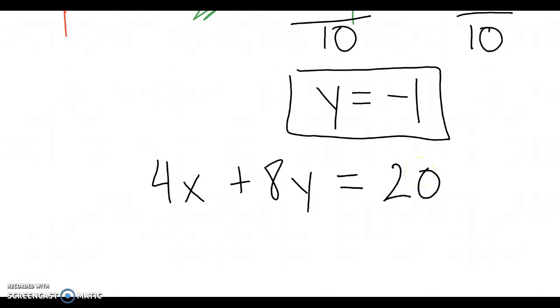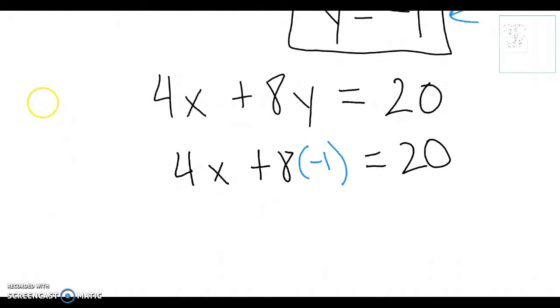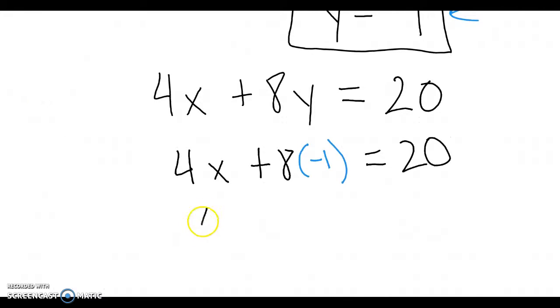So we now know what y is. y is negative 1. So instead of writing this the same way, I'm going to write 4x plus 8 times negative 1, because that's what we found y to be, is equal to 20. And we just solve. So 4x minus 8 is equal to 20.